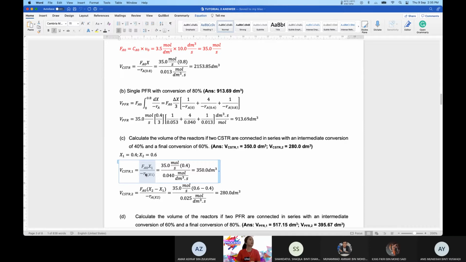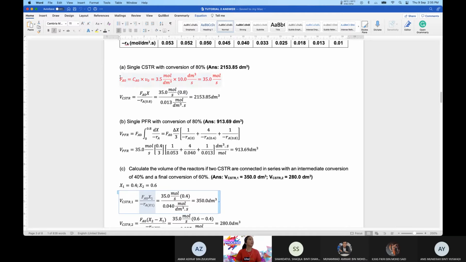Since we already solved FA0 last week, FA0 equals 35 mole per second, because they gave us CA0, the initial concentration of A, and V0, the initial volumetric flow rate, so we can calculate FA0. Perhaps you might ask, does FA0 not change?